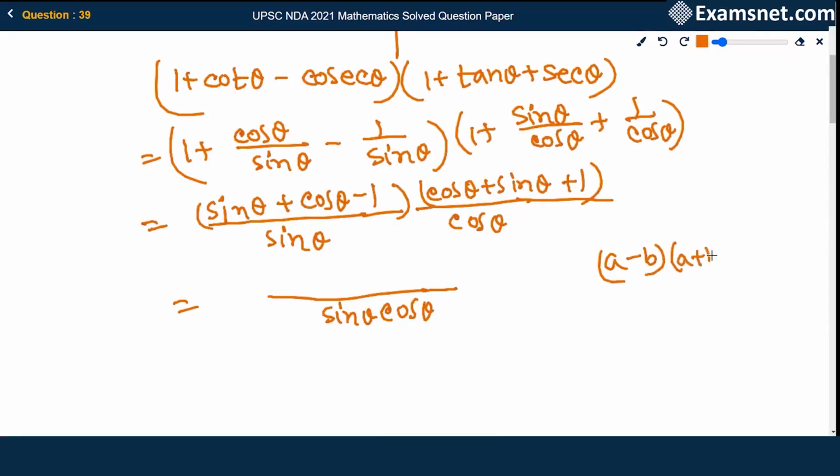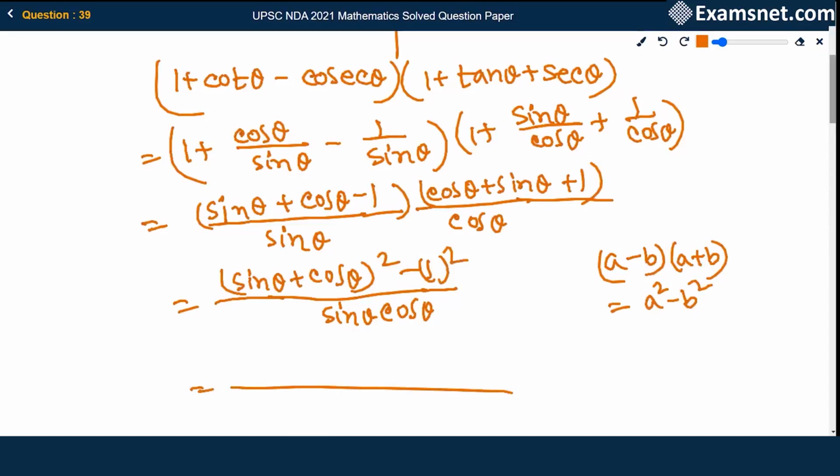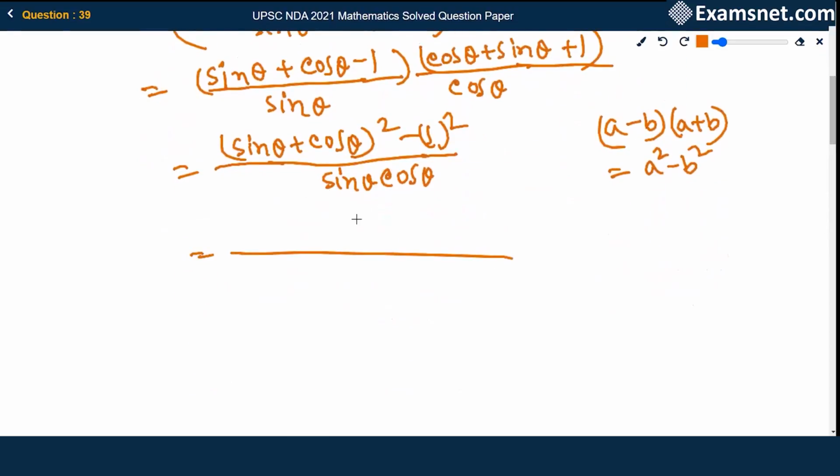From algebraic formulas, we know this equals A squared minus B squared. So we can write it as (sin theta plus cos theta) whole squared minus 1 squared.